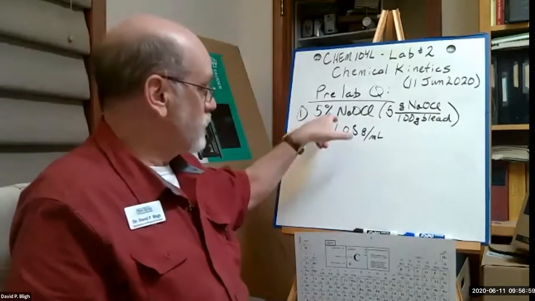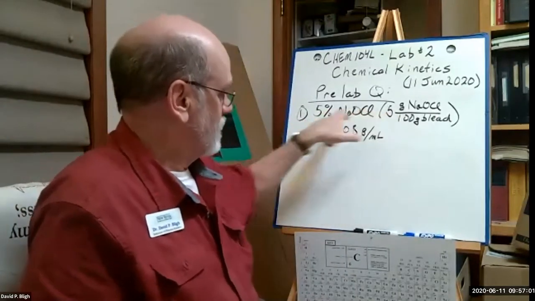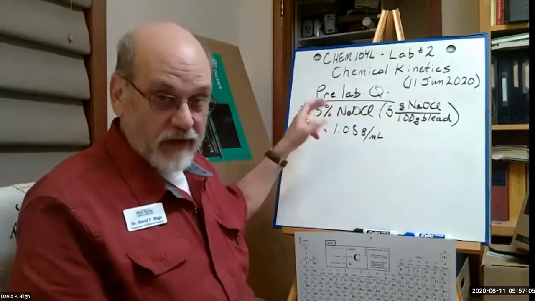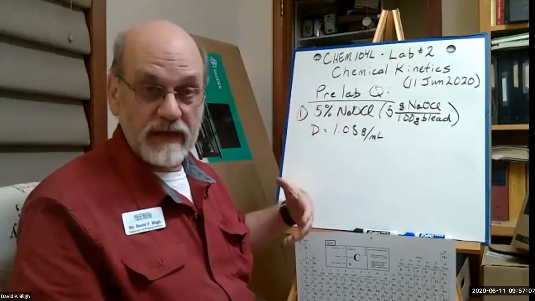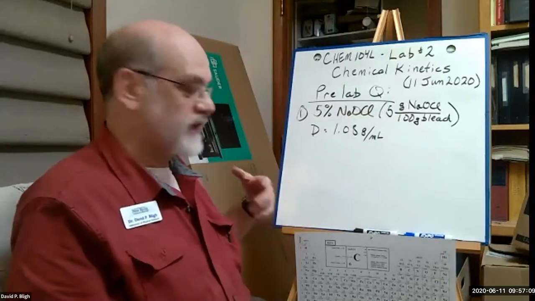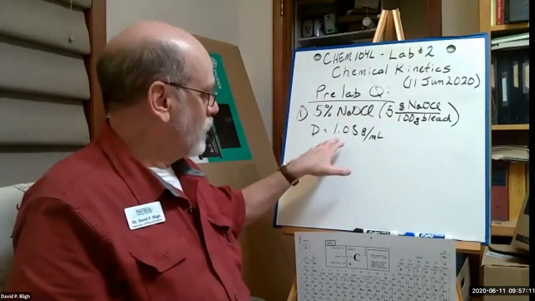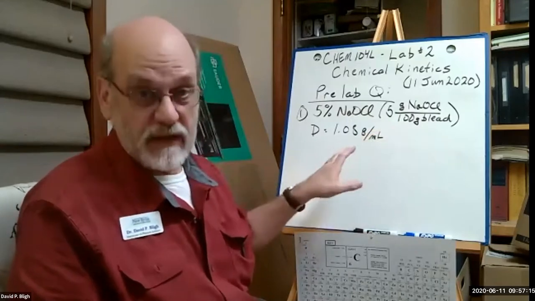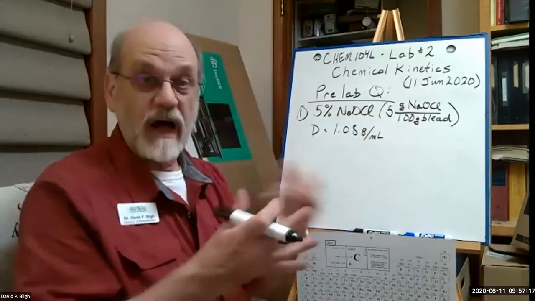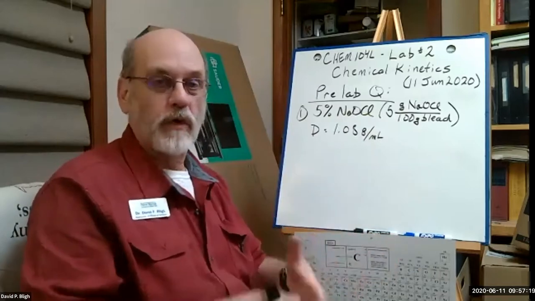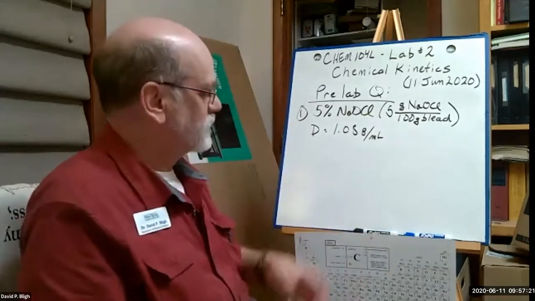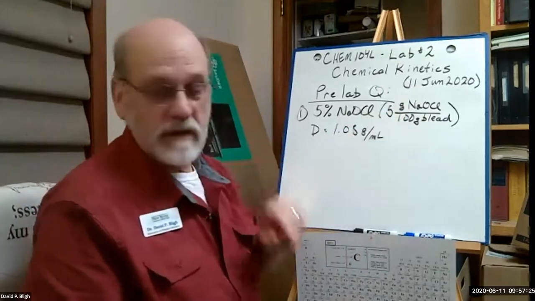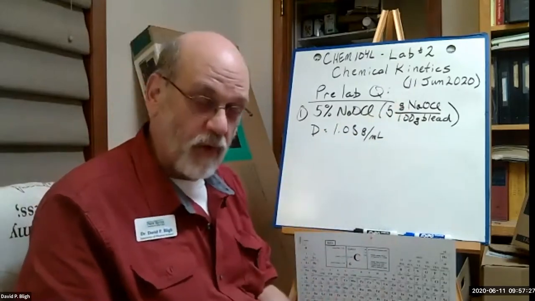And remember, if you've got 5% mass, how do you get to moles per volume? You need some sort of a conversion that will allow you to convert the mass of the bleach into milliliters or into volume, right? In order to determine the molarity. And then, of course, you have grams of sodium hypochlorite.